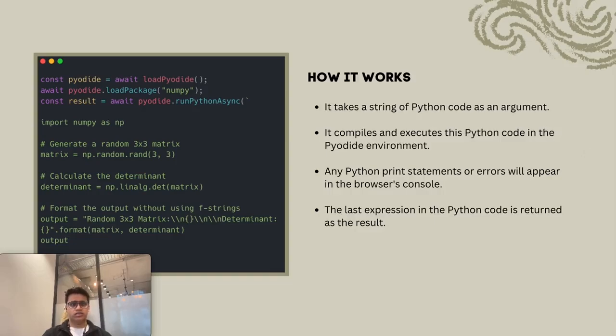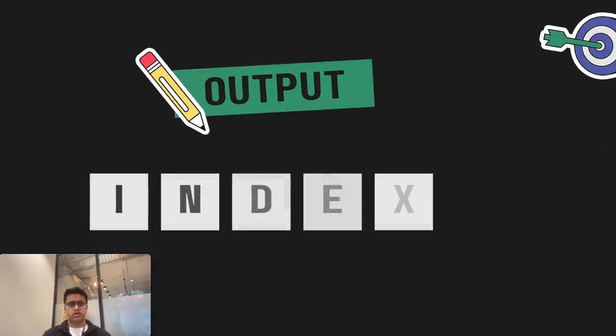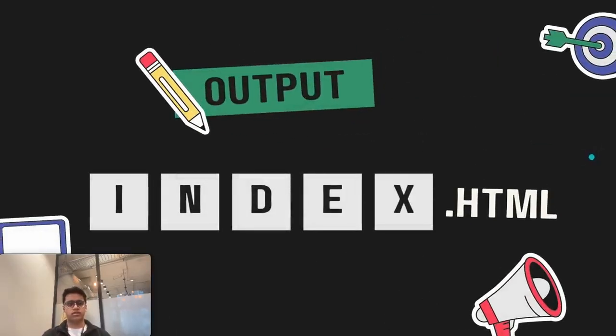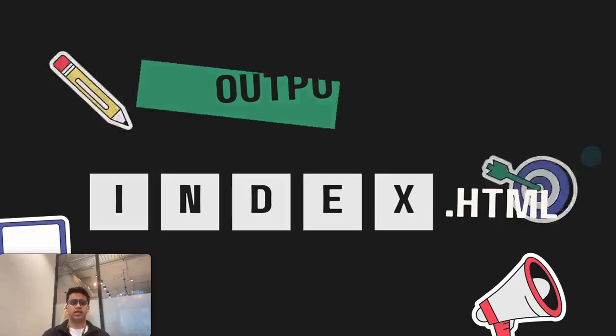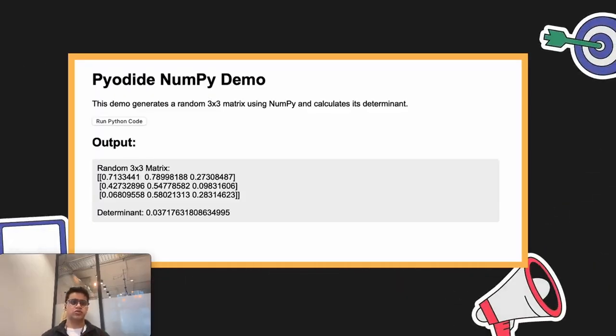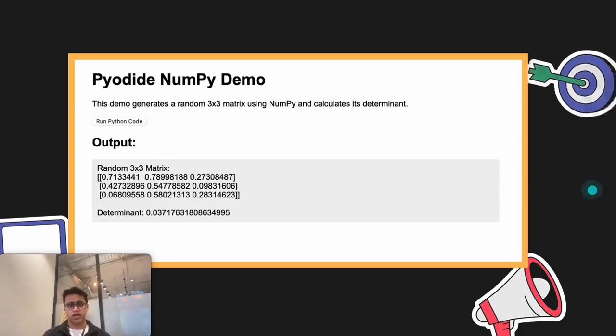And this is how you take the input of the code, execute the environment, and take care of the output handling. So if you run this index.html file in the browser, you will be able to run those NumPy computations directly in your browser, and you can see the output over there.